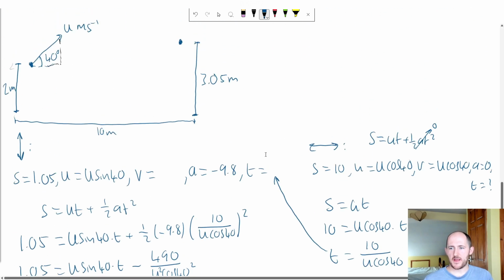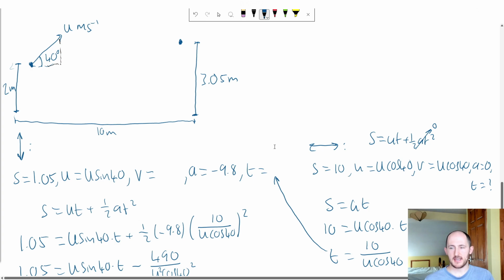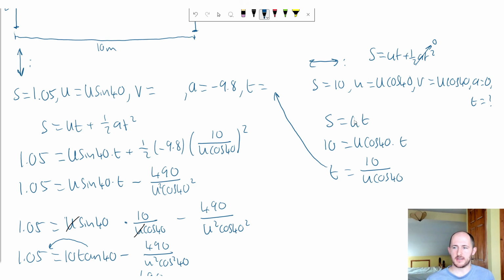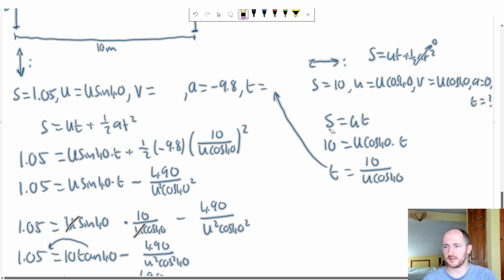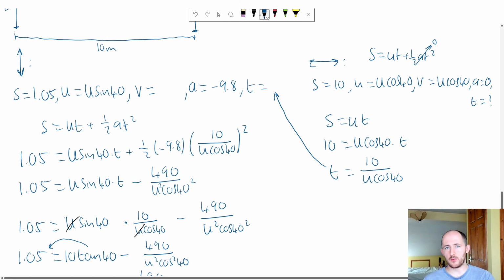In terms of our actual strategy, the first question we did and this question are the same thing. We write out all of our suvat for both of these, and for horizontal, we worked out time, or we used time in some way. It's always going to be the s equals ut formula.